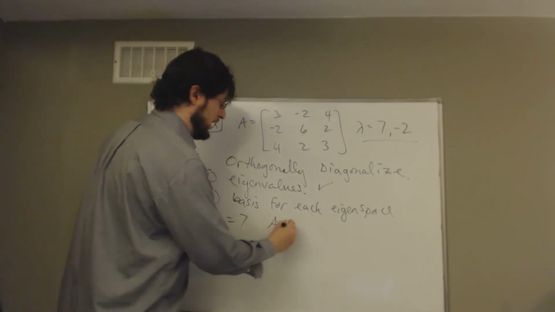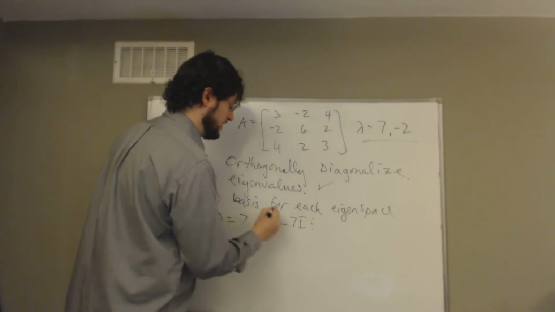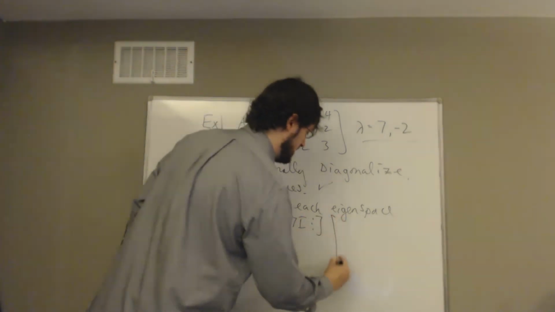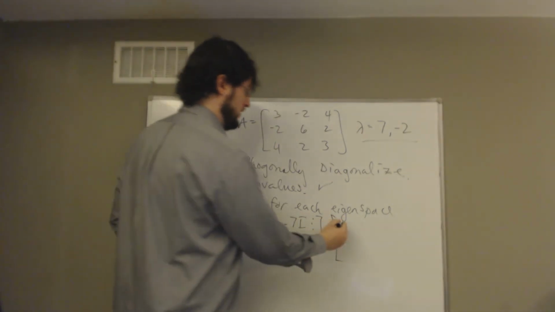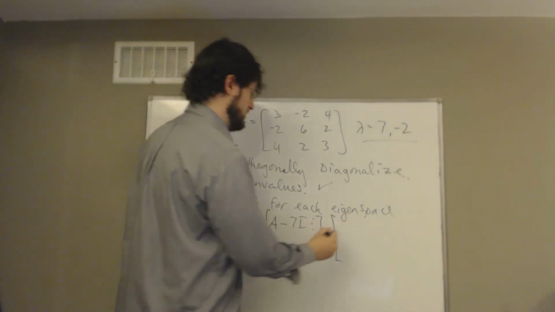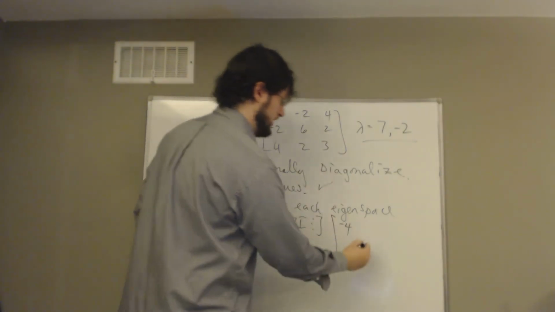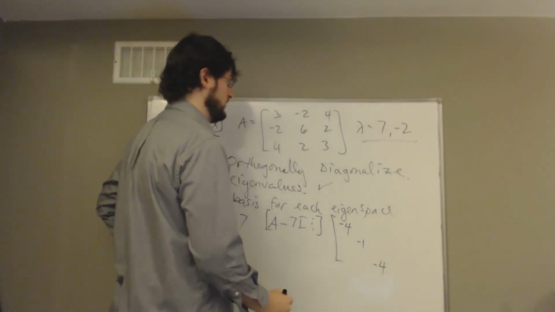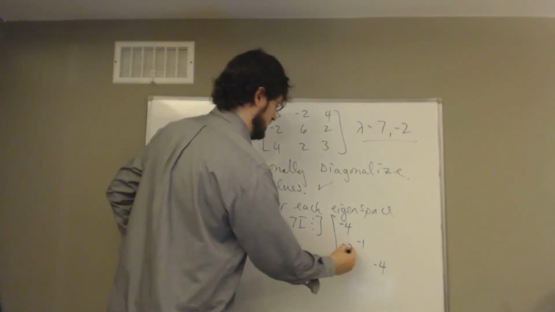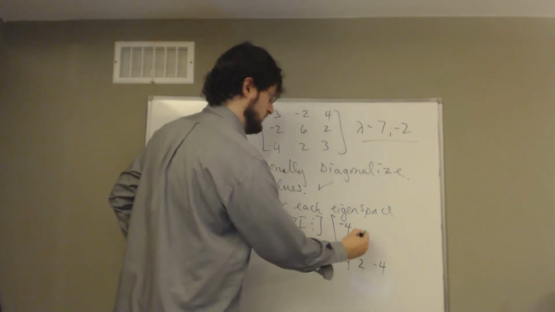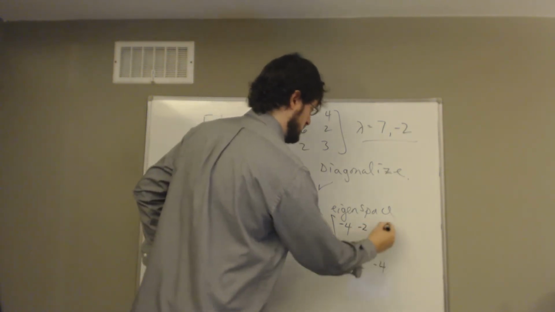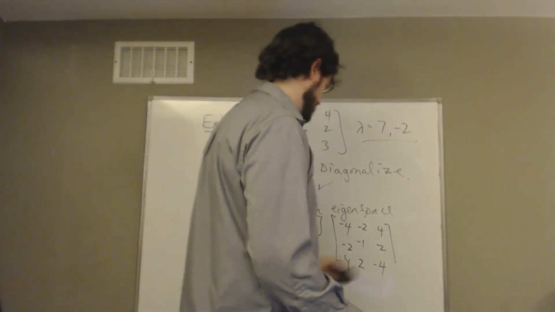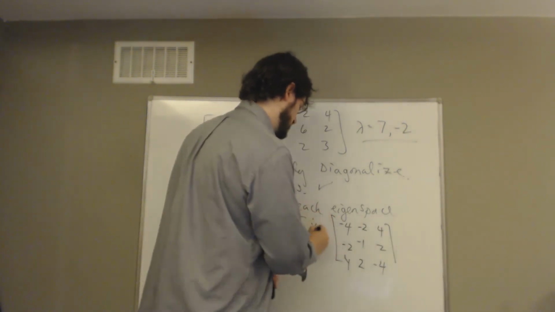So we're looking at A minus 7I set equal to 0, which becomes 3 minus 7, which is negative 4. 6 minus 7 is minus 1. 3 minus 7 is minus 4. And then nothing else changes. And then we're setting this equal to 0.